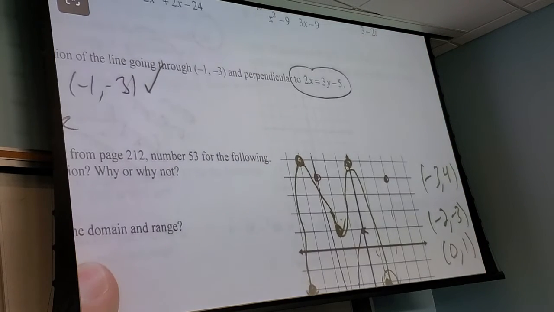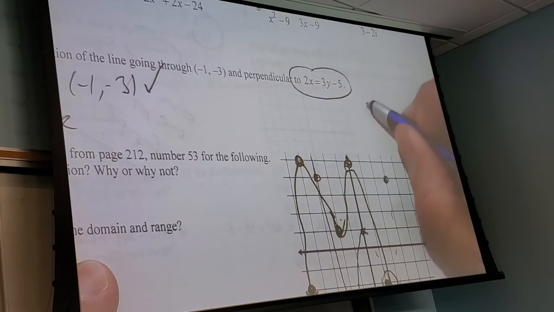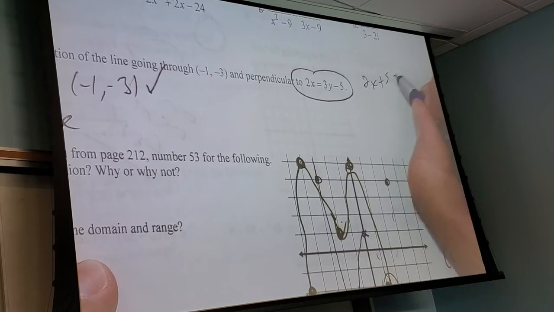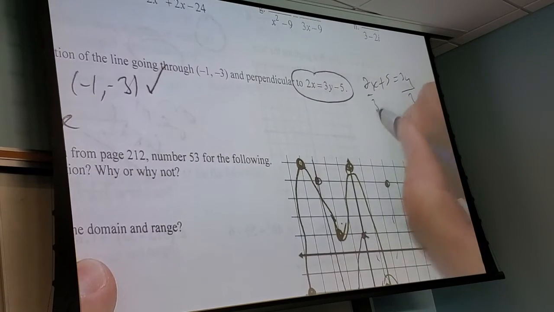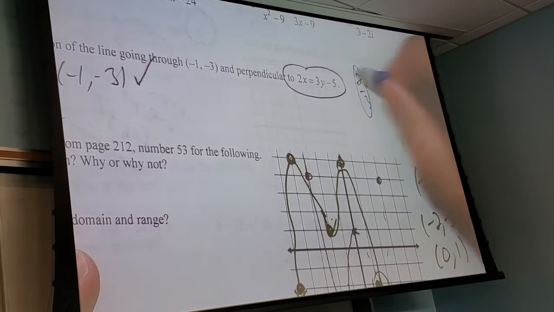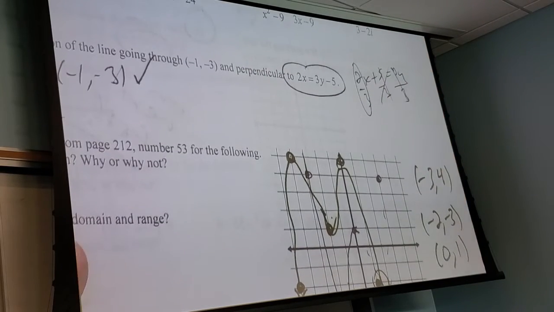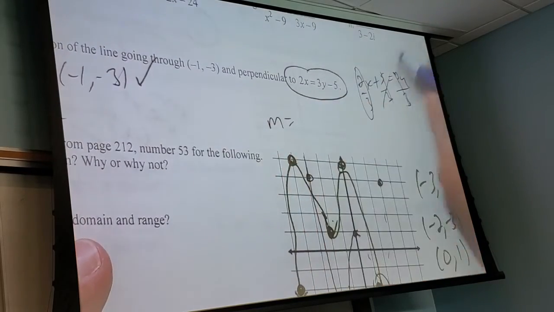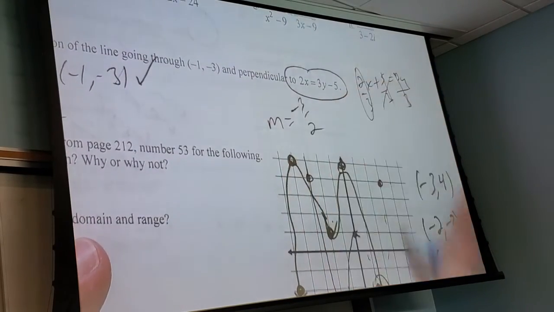Yeah, get the y by itself. So add 5, and then divide by 3. So what's this guy's slope? 2/3. Do I care about the rest? I don't care about that. All I need is his slope. So what's my slope going to be? Yeah, our slope is going to be -3/2.